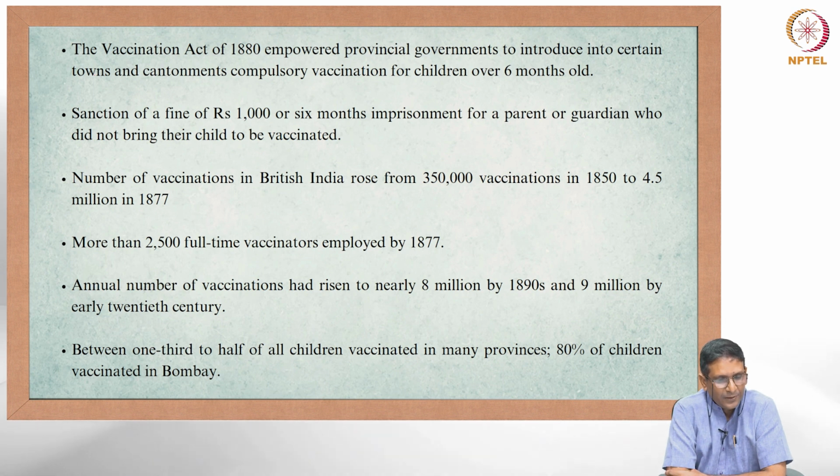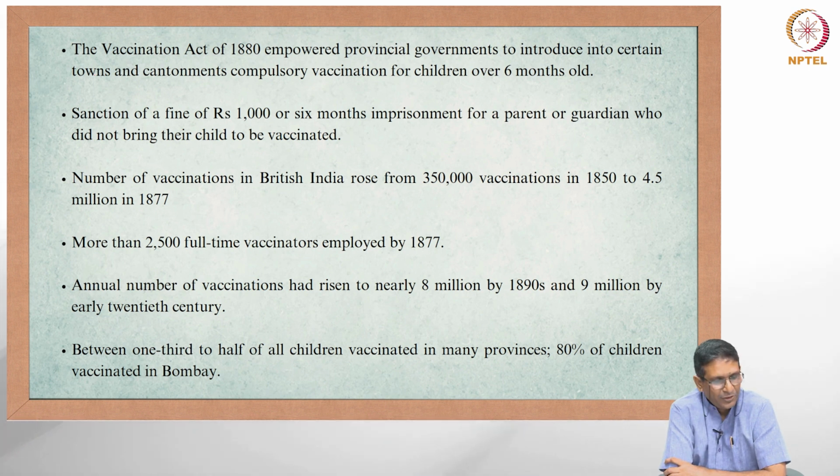to be vaccinated. So because of this, and of course due to the positive campaign also, the number of vaccinations rose from 350,000 in 1850 to 4.5 million in 1877. So a considerable jump in about 3 decades. And in terms of the people who administered vaccines, more than 2,500 of them were there by 1877.